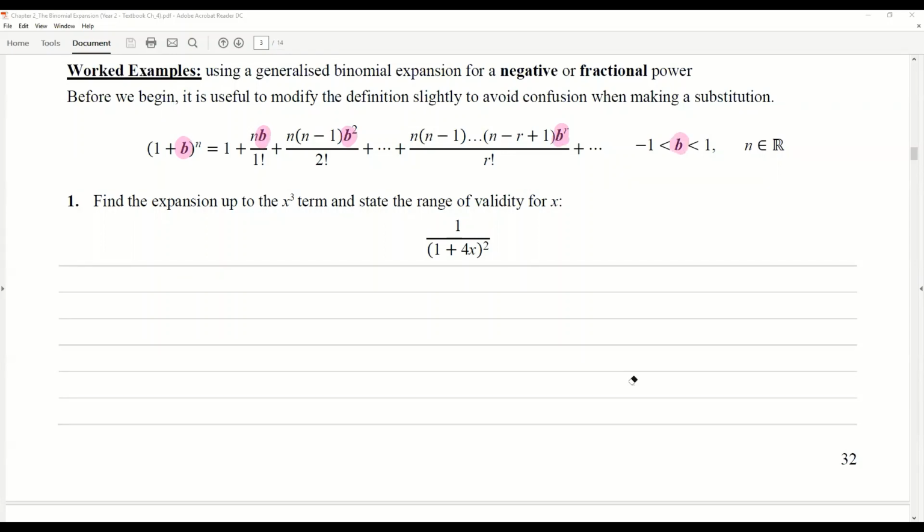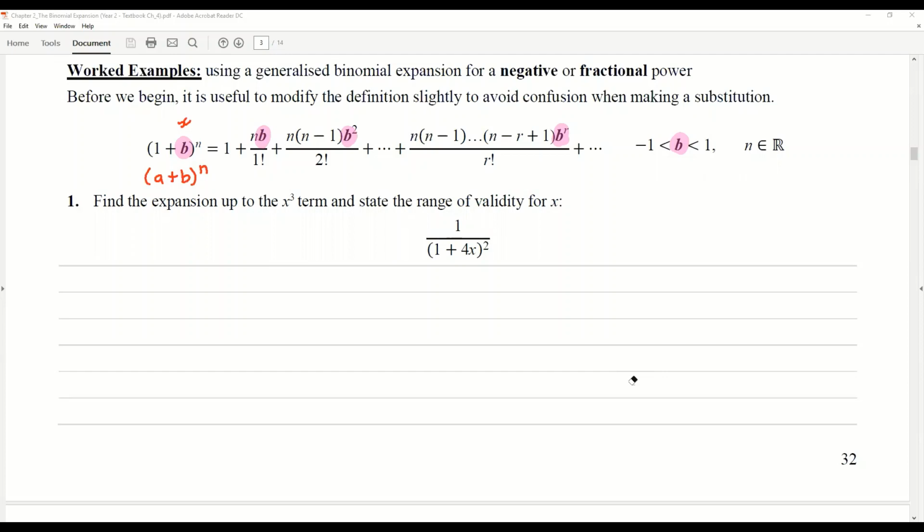If you look this up in the formula booklet, you will see an x wherever you see this B. The reason I use the B is because the original expansion from year one was of the form a plus b to the power n, so I've just retained that letter B.